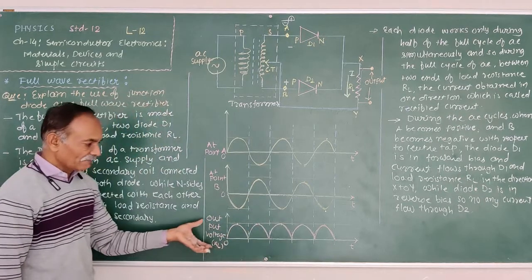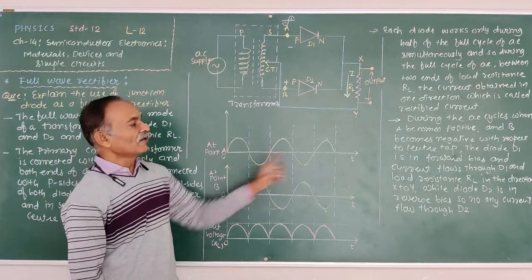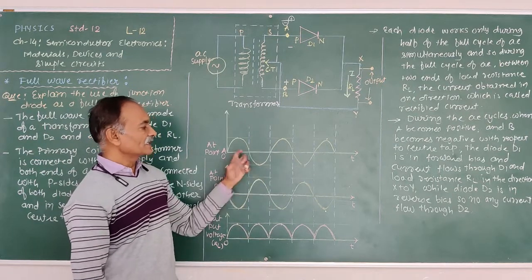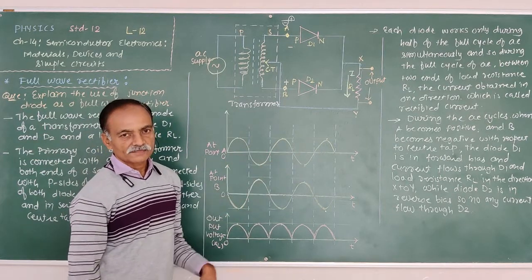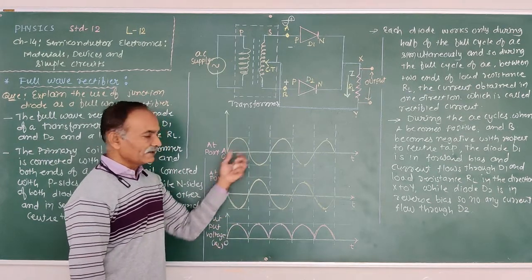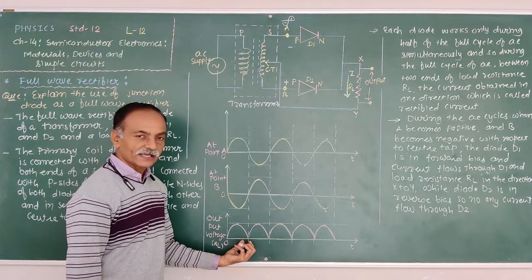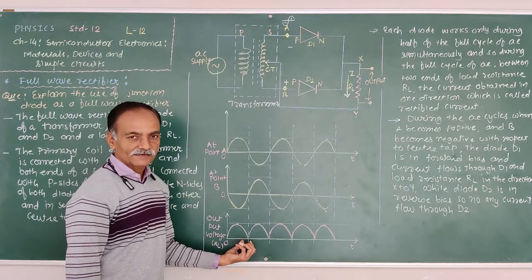The last graph is the output across the load resistance RL, during both cycles, positive, negative, positive, negative. During the positive half cycle at point A, diode D1 is in forward bias and the output voltage is obtained across the load resistance RL.